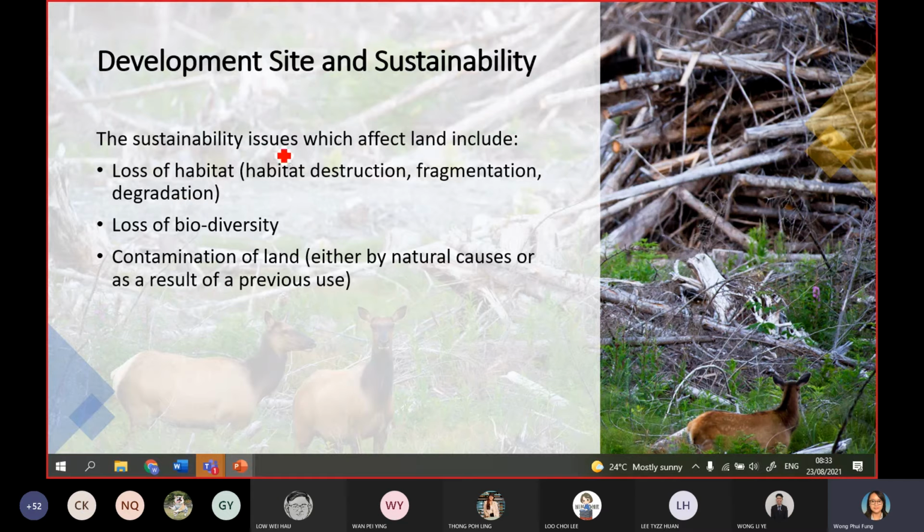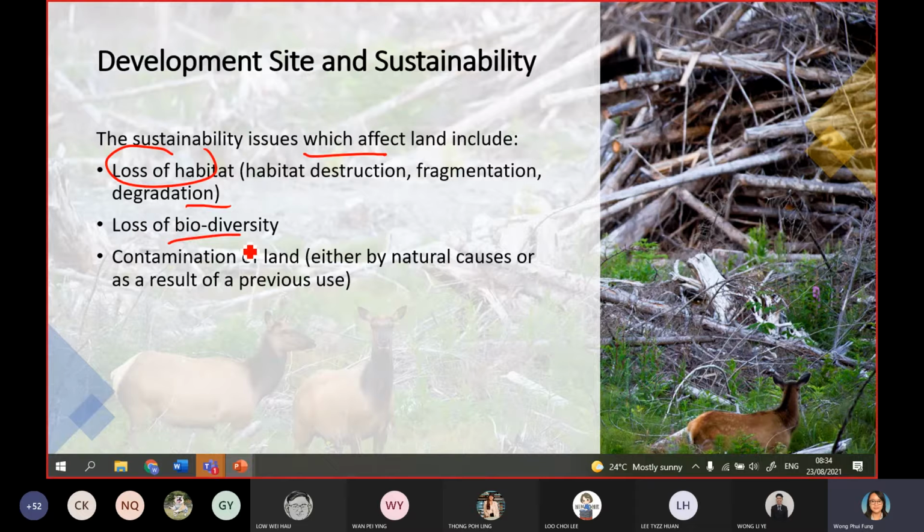And what are the sustainability issues that affect land included? When we clear away all the forests, loss of habitat, destruction, fragmentation, degradation. As I mentioned just now, we humans take away their habitat. Do we build back the habitat for them? If we don't, in the end they will lose their home, they will lose their habitat, and slowly all these species will become extinct because of the habitat destruction.